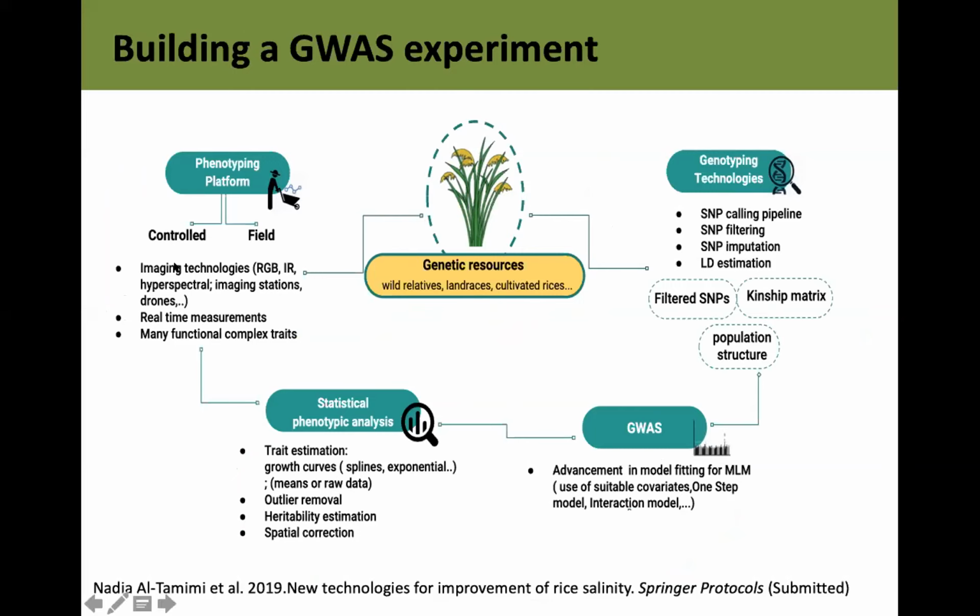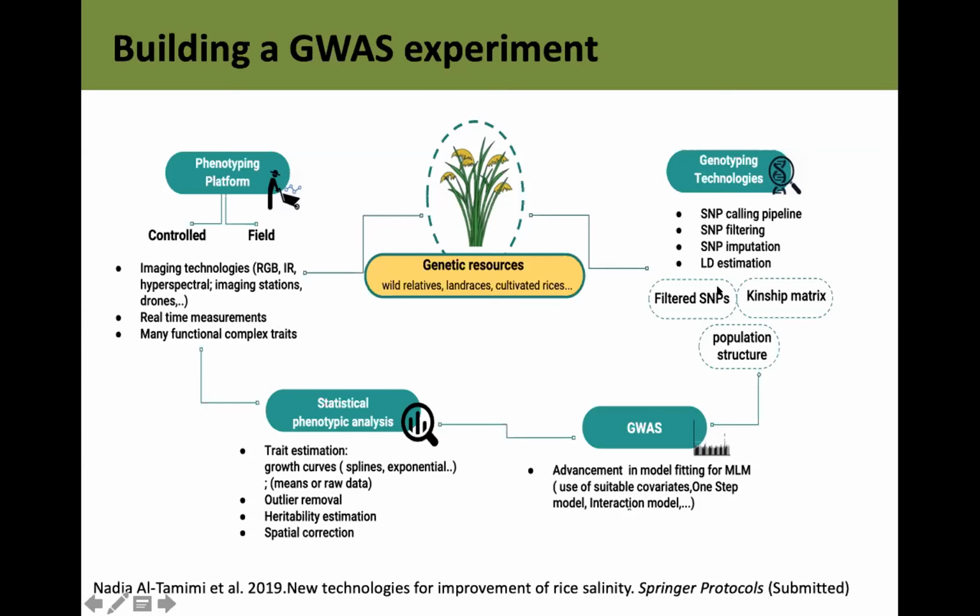What type of imaging technologies, depending on what the traits of interest are? And are you measuring it through time? So are there multiple, non-destructive measurements? And then for the genotyping technology, what SNP pipeline are you using? Are you imputing SNPs? How are you going to calculate the kinship matrix and population structure?